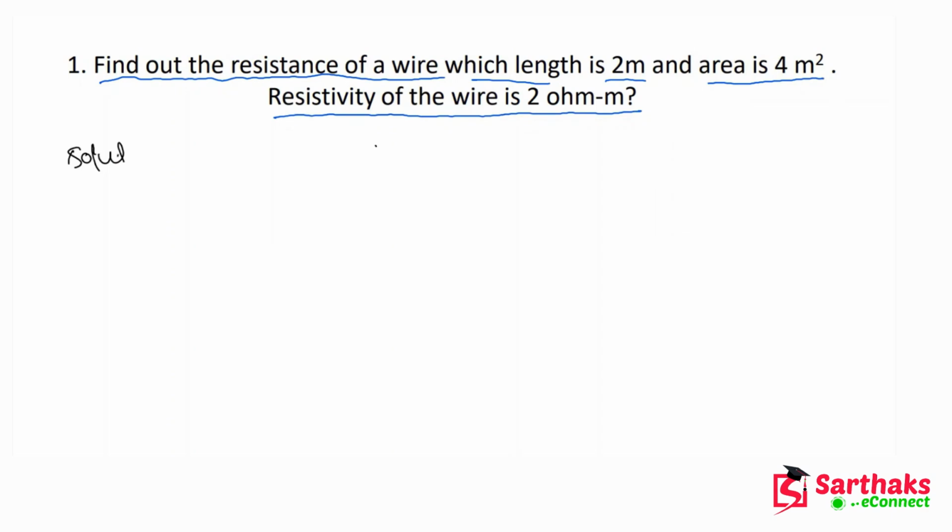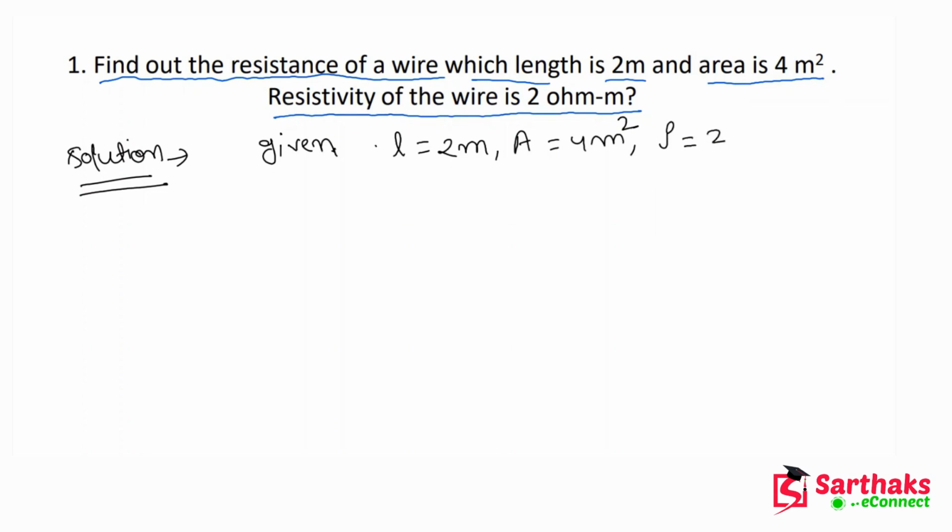Let me write the solution. First of all, let's write down the information given in this question. We have been given length, that is 2 meter. We also have been given the area, which is 4 meter square. And we also have been given the resistivity, which is 2 ohm meter.